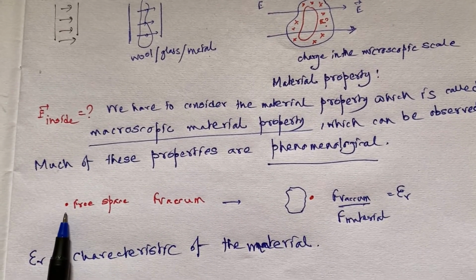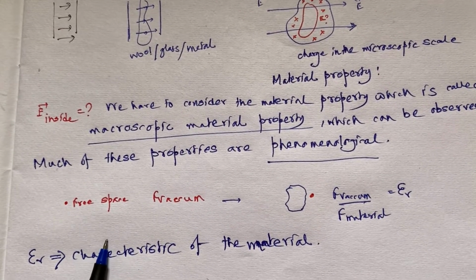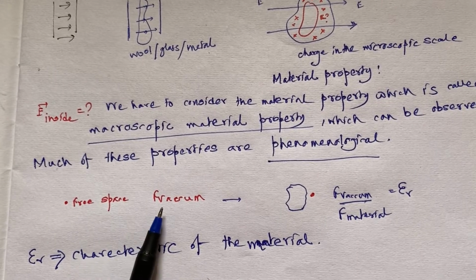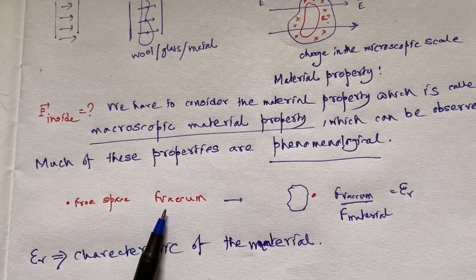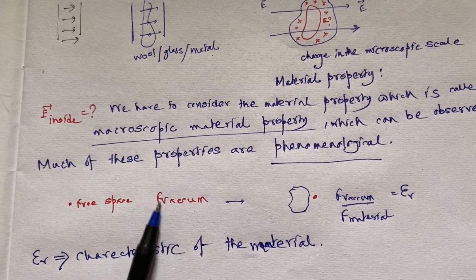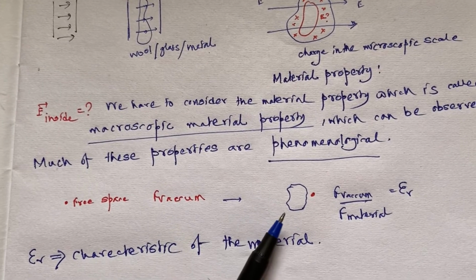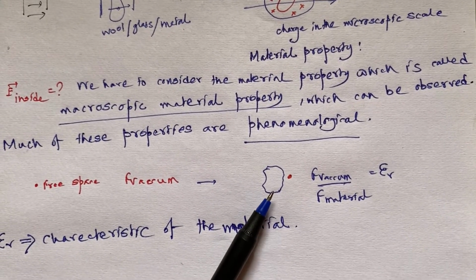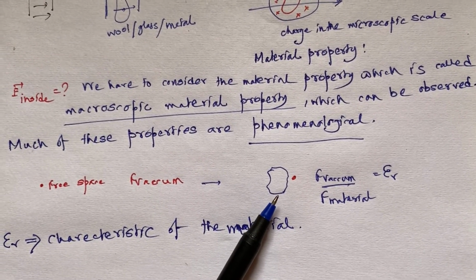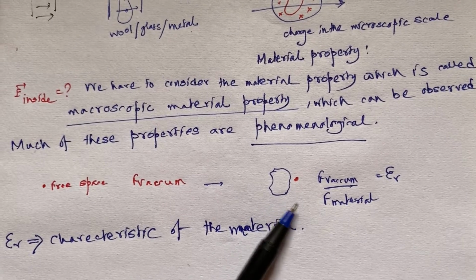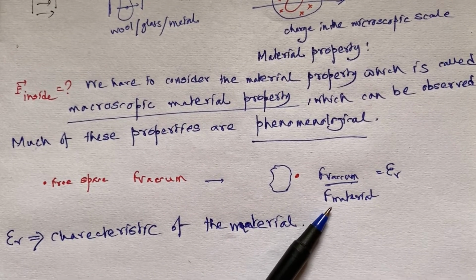Suppose we have a charge here, a point charge, in free space. We can easily find out the force in vacuum, which is called F vacuum. But when we are having a material instead of the vacuum, then we need to find out the force F material.